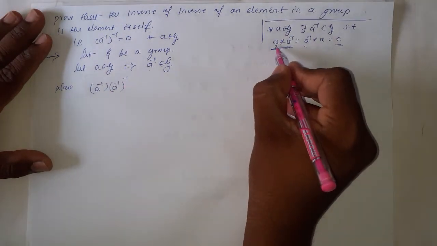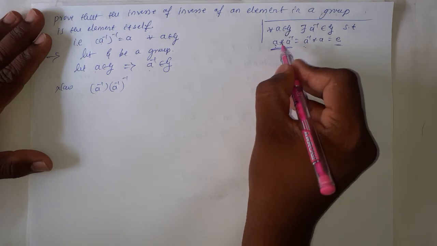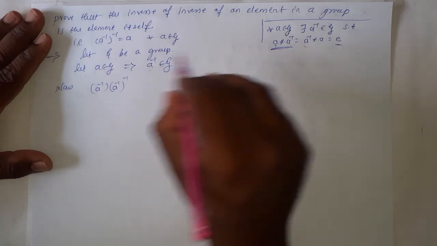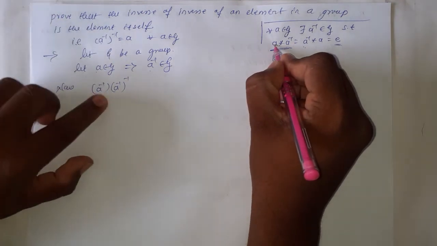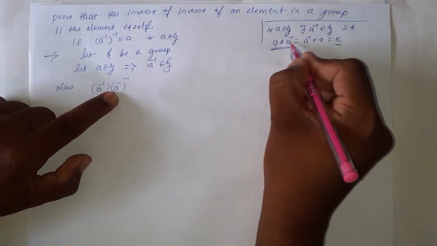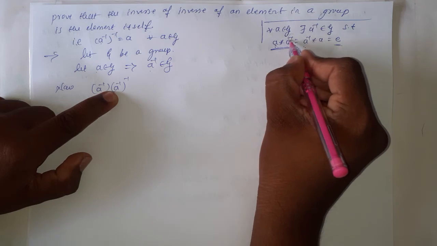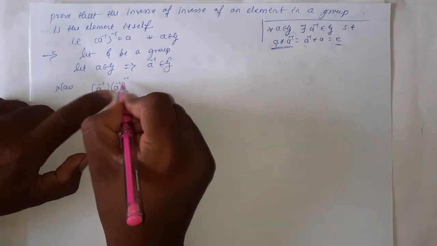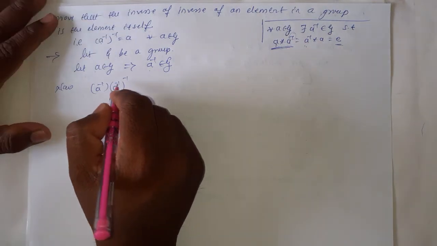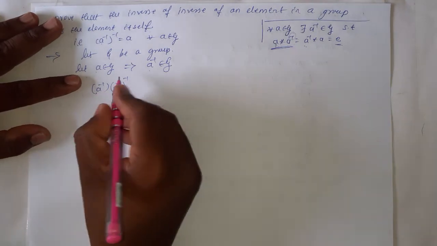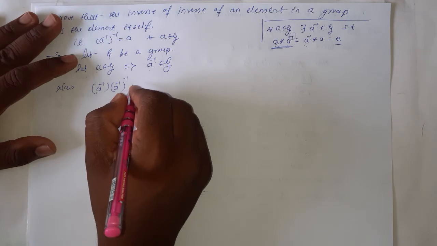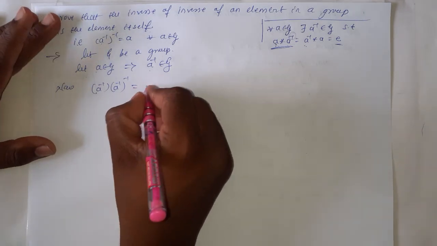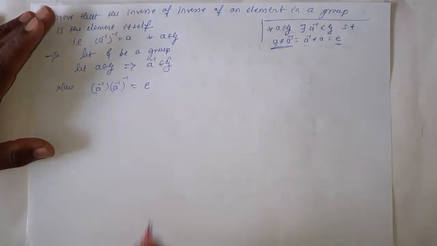Here in A star A inverse, instead of star we are writing dot or multiplication directly. Here A is equal to A inverse, and A inverse is kept as it is, so that is the whole inverse. Therefore A inverse into A inverse whole inverse is equal to the identity element E.